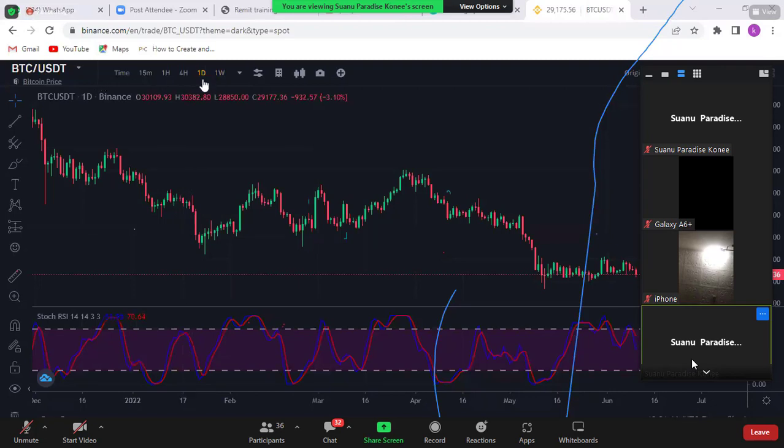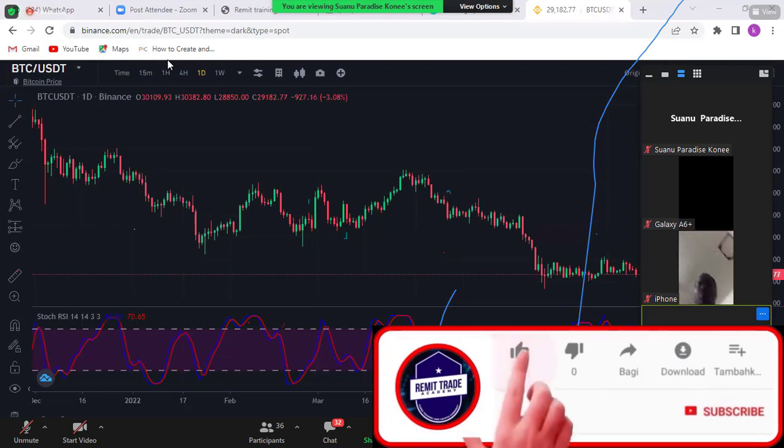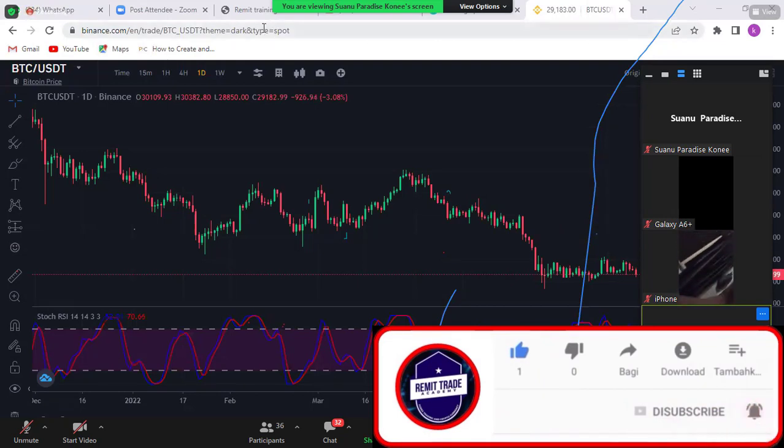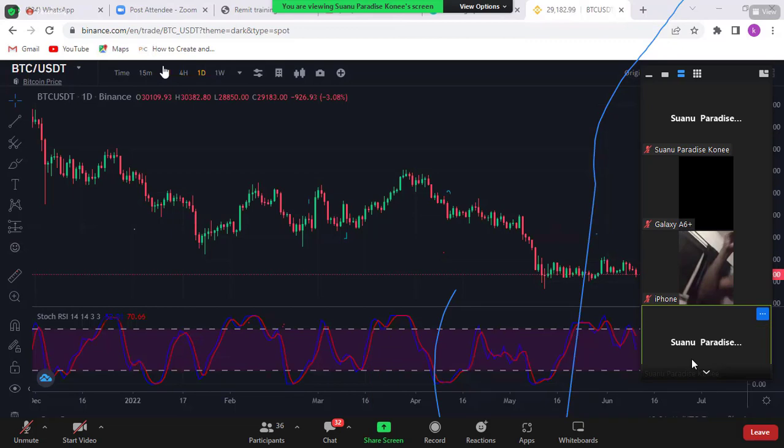Use D1, H4, that is 4 hours, and H1. Don't analyze in minutes. Don't go to 15 minutes, 30 minutes, because you will encounter a lot of stop outs. You will encounter a lot of fake outs, and they will take you out of the market. So don't go to lower time frame.